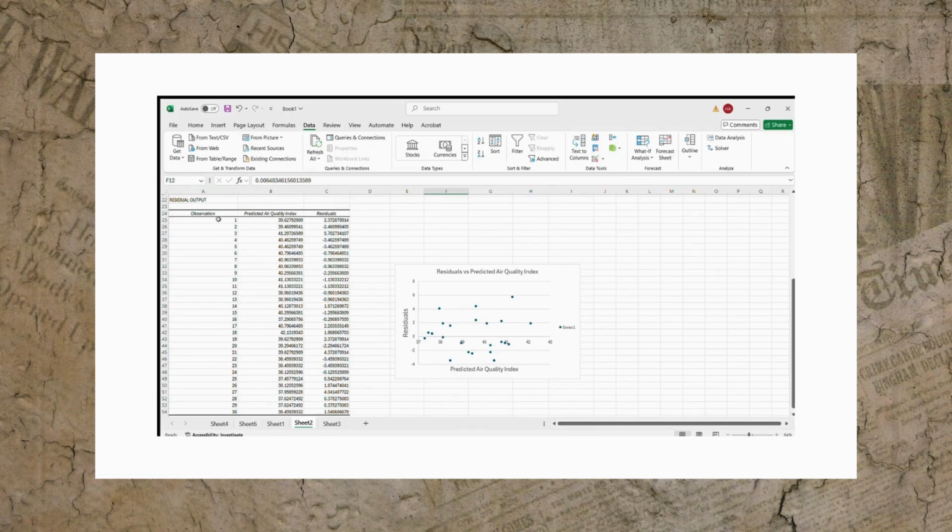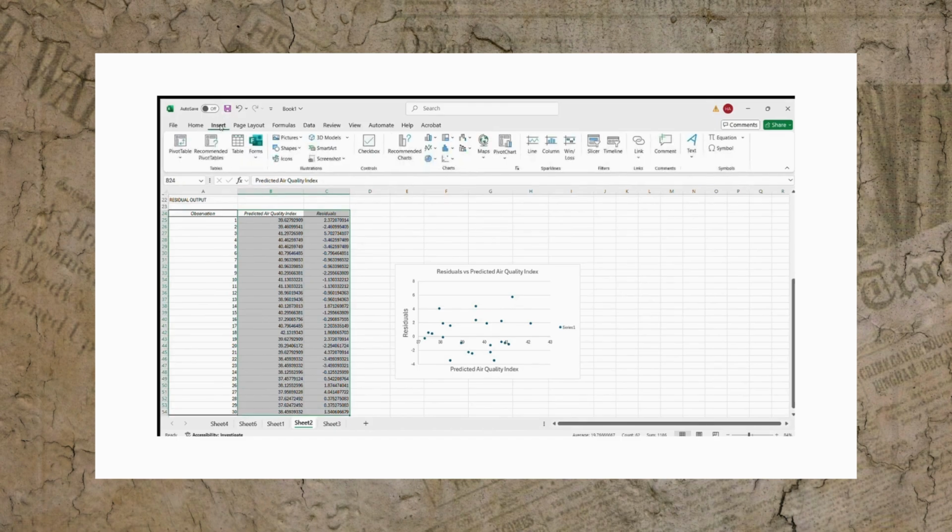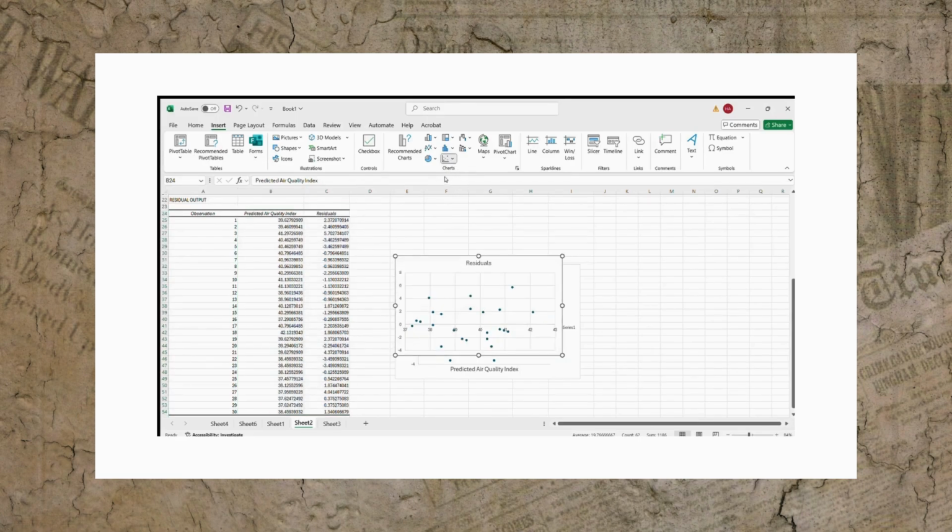So this part of the video is about the residual output, the predicted air quality index and residual. This is how we get the chart from the residual output. Select all, press Insert, and press Chart. It will pop up, but in the recording it never shows.